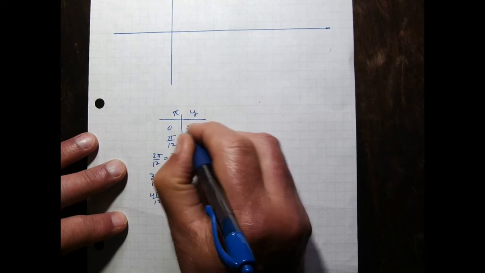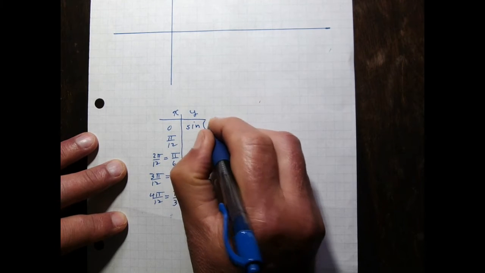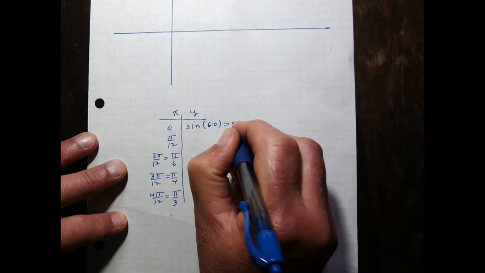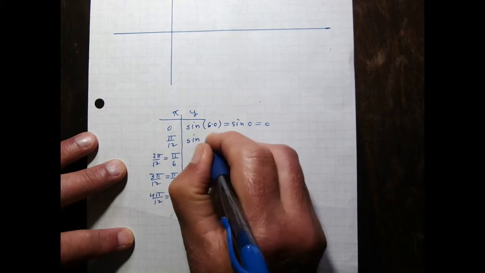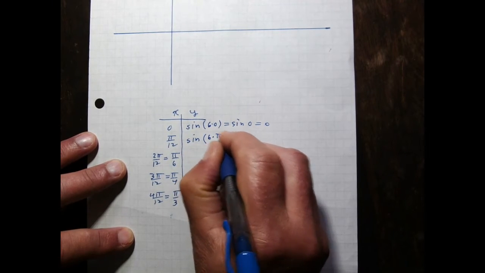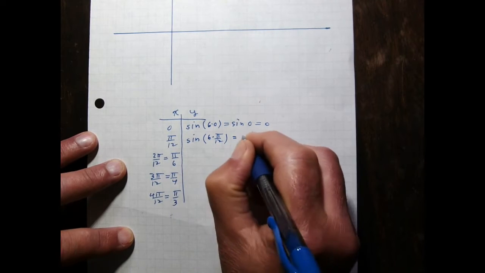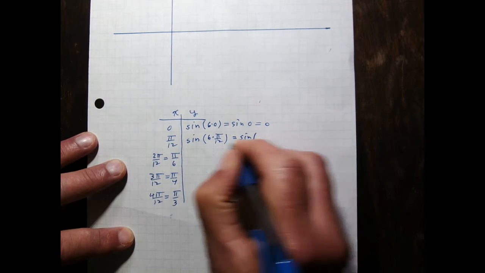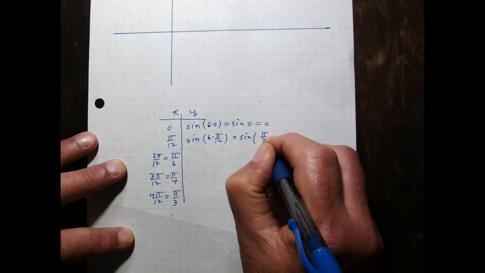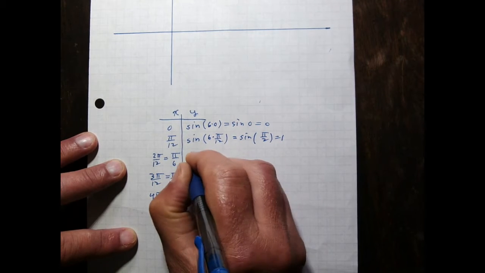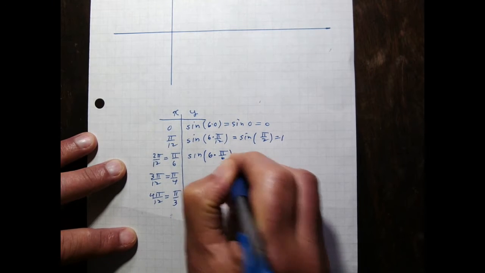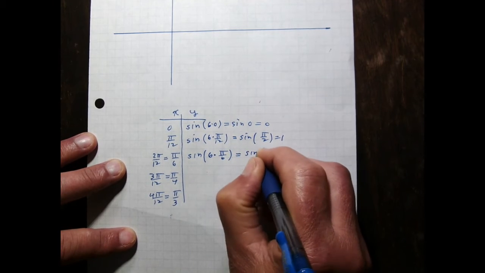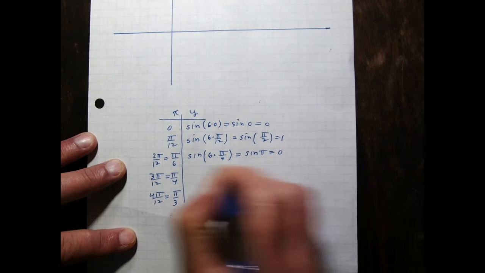When I plug into the function, sine of 6 times 0 is sine of 0, which is 0. So again, you don't have to write this down really. 6 times pi over 12 is sine of, that's going to reduce to sine of pi over 2, which is 1. Sine of 6 times pi over 6 is just sine of pi, which is 0.